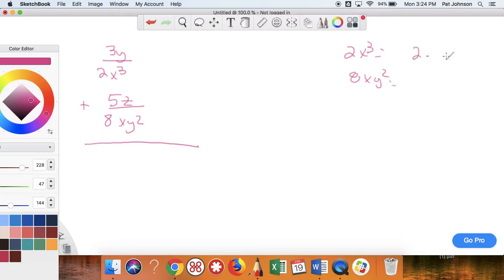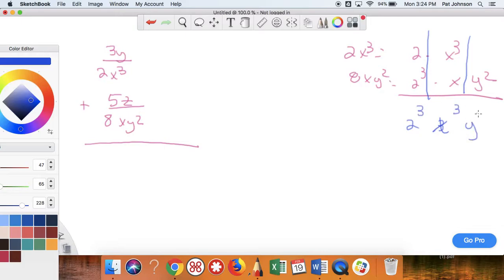So 2 times x cubed. This is 2 cubed times x times y squared. If you do it this way, prime it out, separate how many different bases we have. The highest power is 3, 2 cubed, so it's 8x cubed y squared.